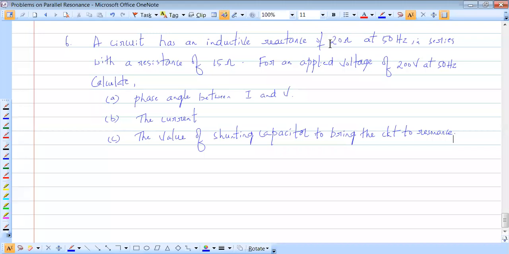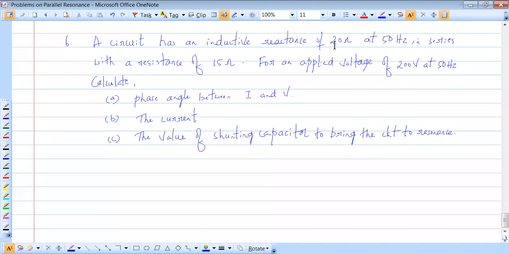We need to take j when we are dealing with it. So sometimes they do it. Now omega L itself they have given to be 20. They have taken the magnitude. Fine. So let's not bother about it.